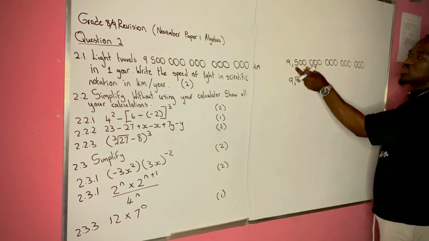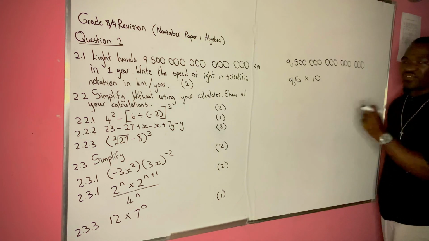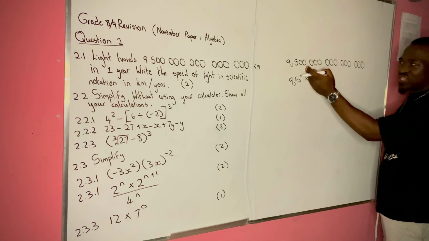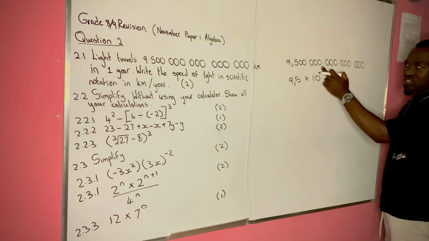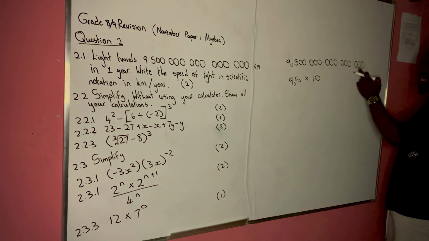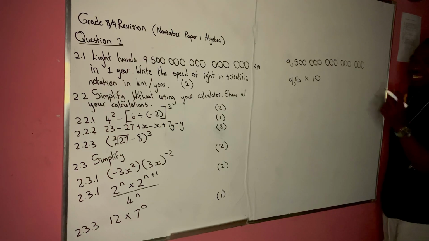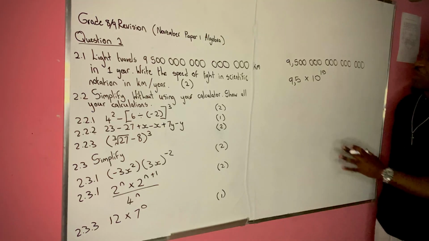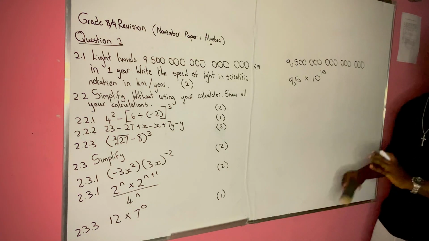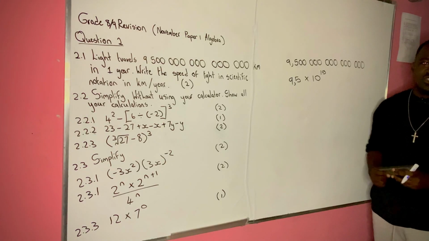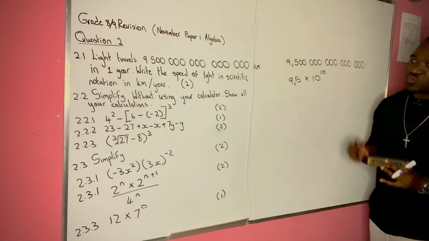So we count how many digits we have after the comma: the first one, the second, the third, 4, 5, 6, 7, 8, 9, 10, 11, 12, 13, 14, 15. That's the number we put as the exponent. So the answer is 9,5 multiplied by 10 to the exponent of 15.